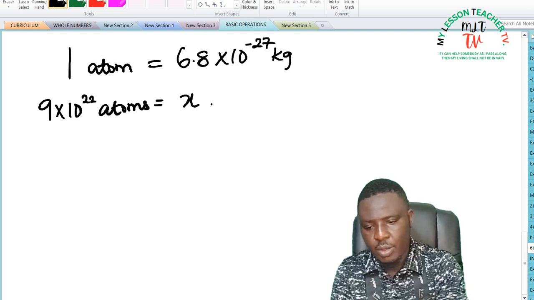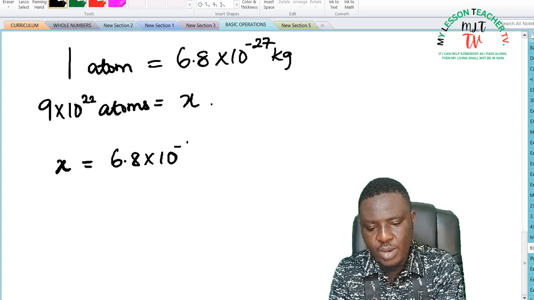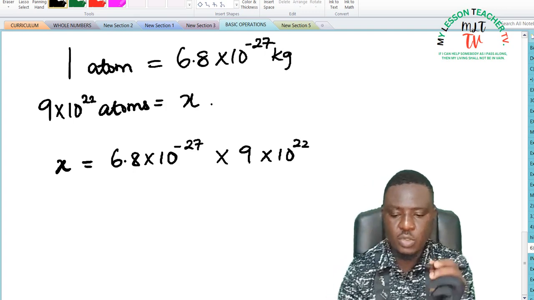So we have it that x now is equal to 6.8 times 10 raised to the power of minus 27 times 9 times 10 raised to the power of 22.